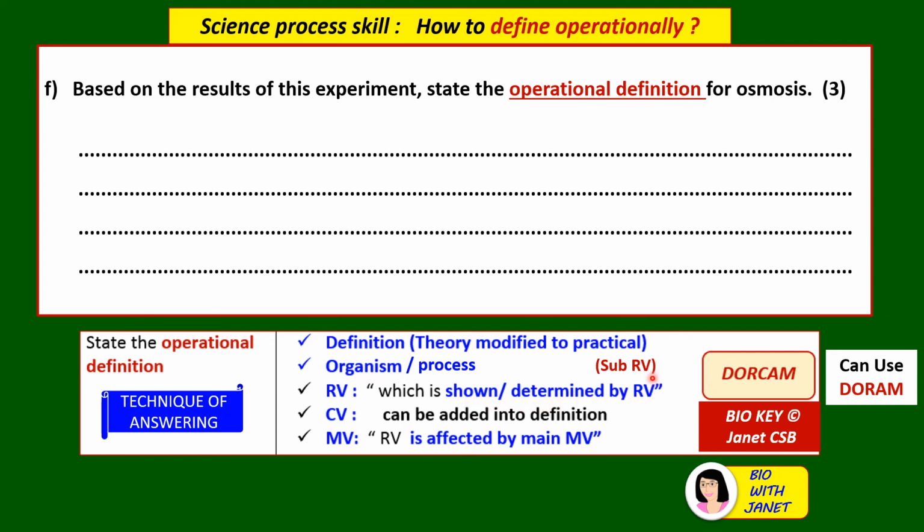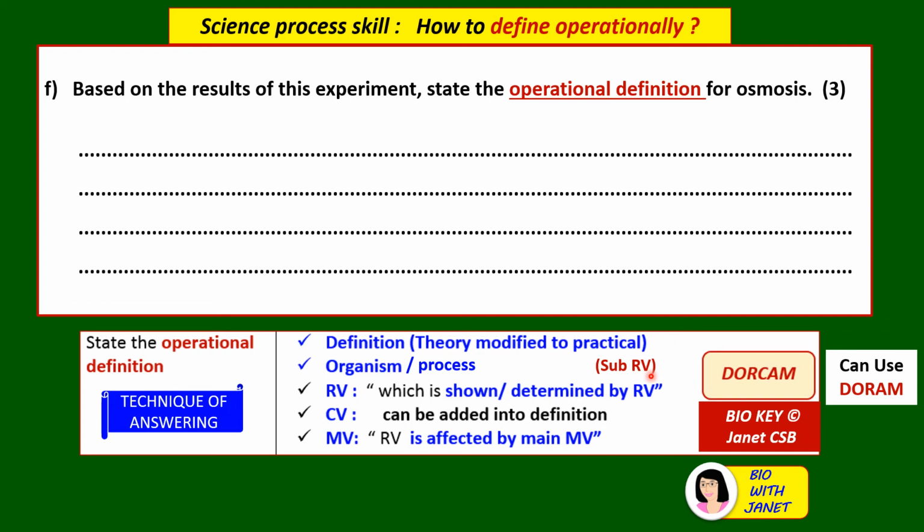In this case, we are using the sub-RV, not the main RV, right? The sub-RV is the data that you obtained in the experiment, the raw data that you obtained through the experiment, okay? So that is the RV that you must use. Don't use the main or final RV, such as the percentage change in mass.